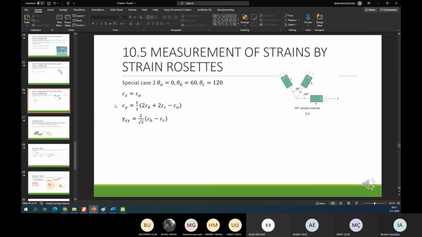Then after that, I can ask you epsilon 1 and epsilon 2. So I need to combine two pieces of information: stress-strain transformation and measurement of the strains by strain rosettes, or the stress-strain relationship. My question strategy is like this in the exam. Don't forget this. I don't want to ask stress-strain transformation directly.